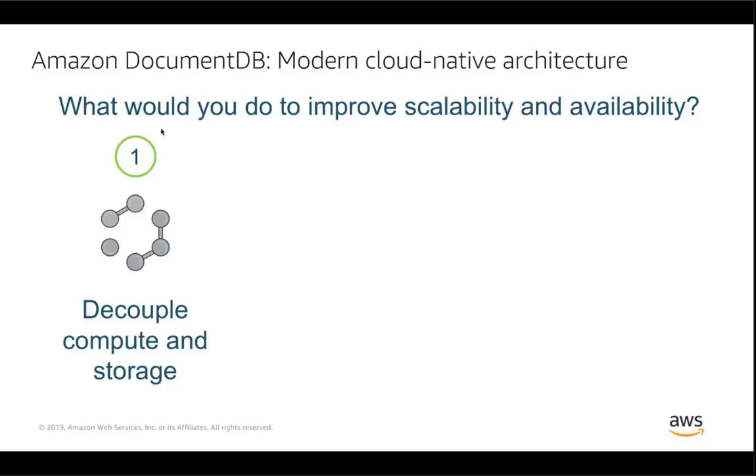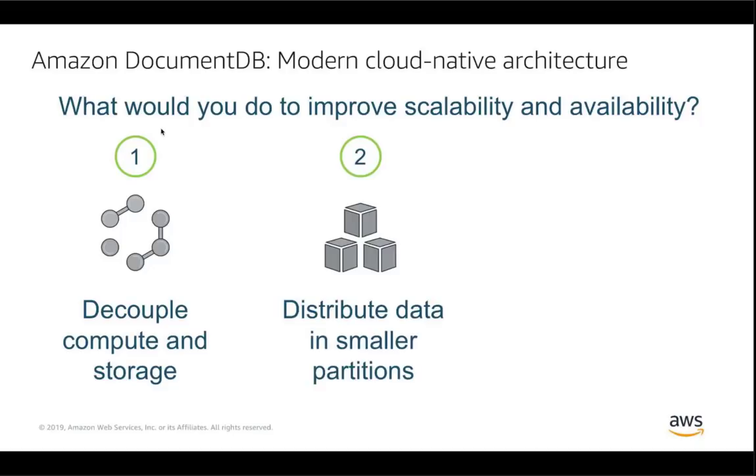Similarly, we distribute the data in smaller partitions, which is really great for being able to recover if there ever is a failure. 10 gigabyte data partitions can be copied on a 10 gig link in seconds, which provides a much more resilient architecture and mean time to recovery for any failures.